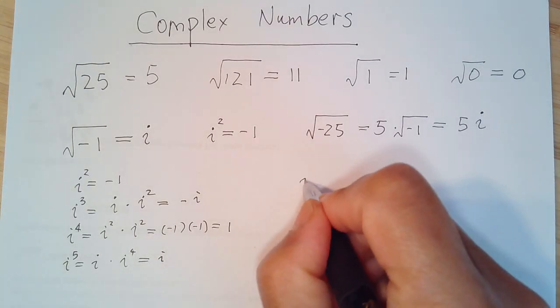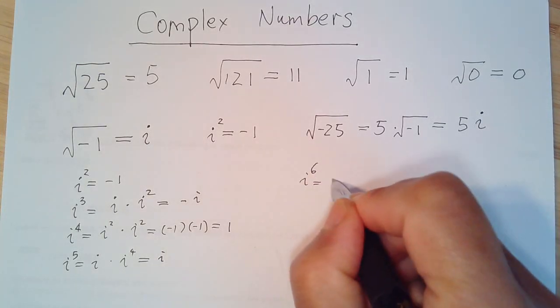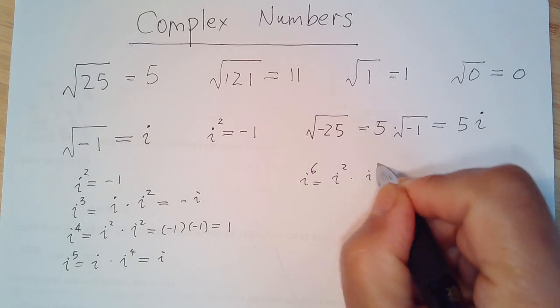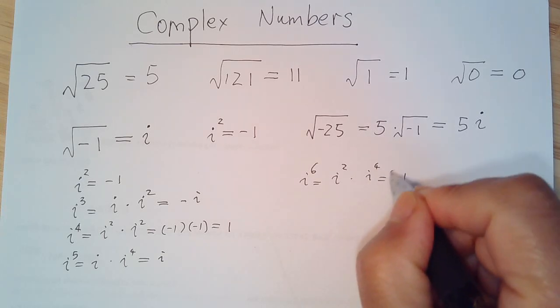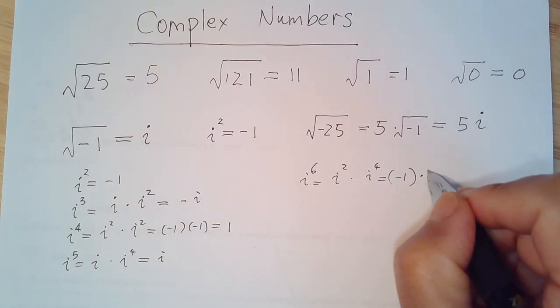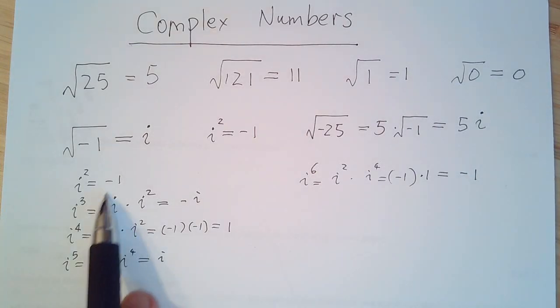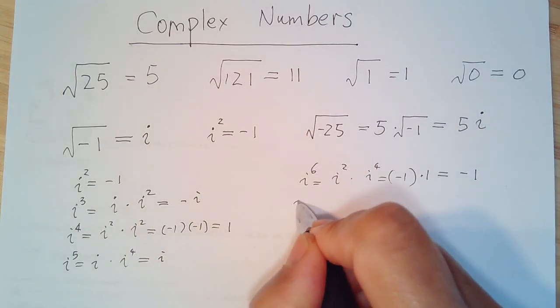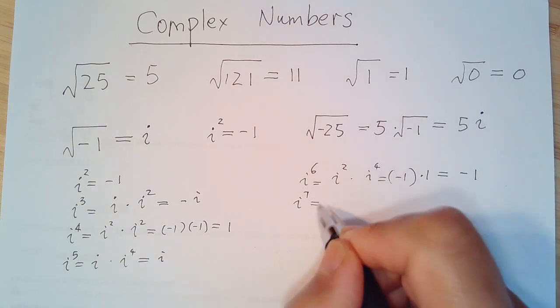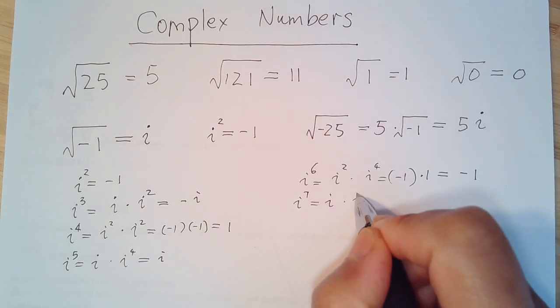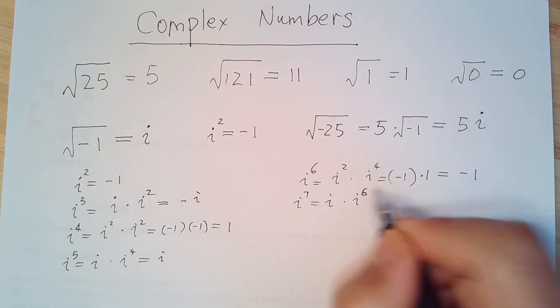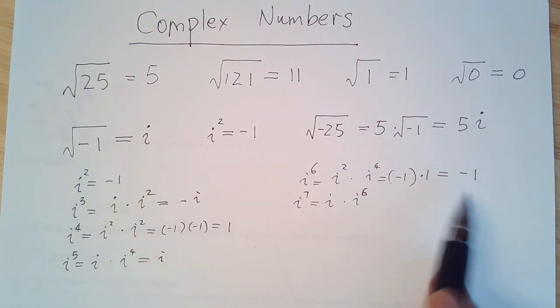Okay, so what about i to the 6th? That would be i squared times i to the 4th, and i squared is -1, i to the 4th is 1, so that's -1. Wait, it goes back to here, right? So what about i to the 7th? That would be i times i to the 6th, and we know i to the 6th is -1.